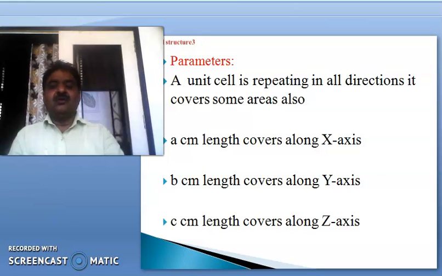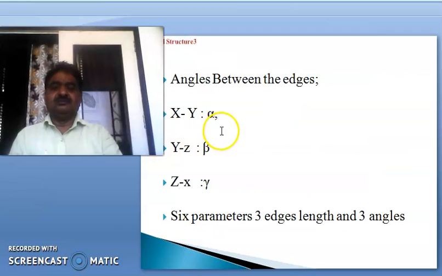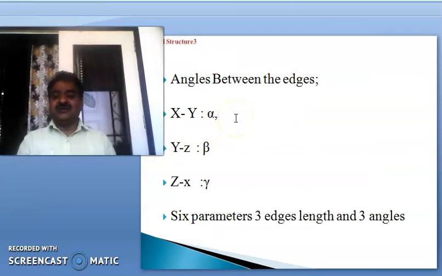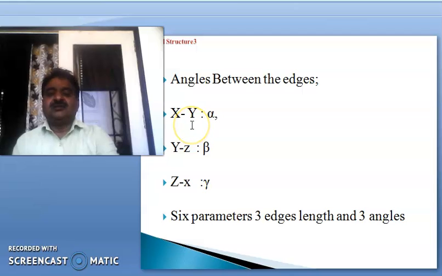Now what about the angular parameters? Angles between the edges. Already I have told you. The angles between these three axes are alpha, beta and gamma.